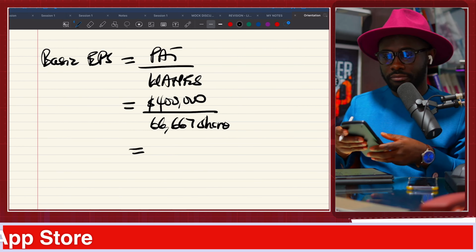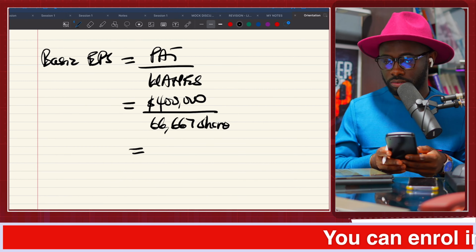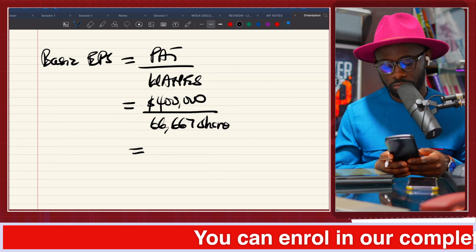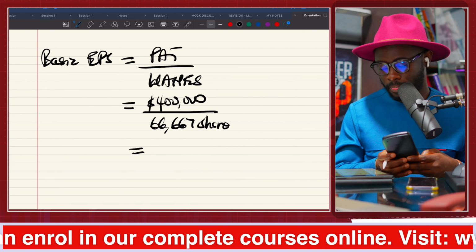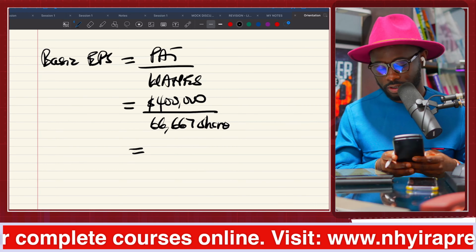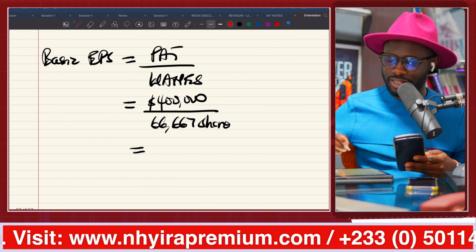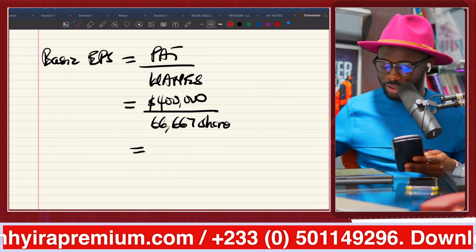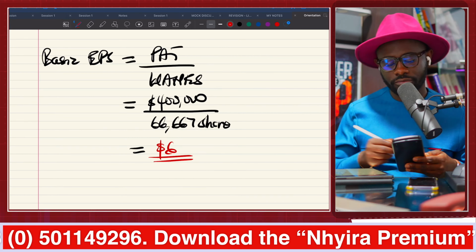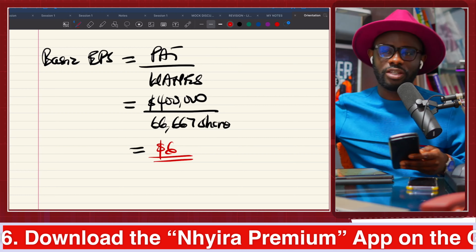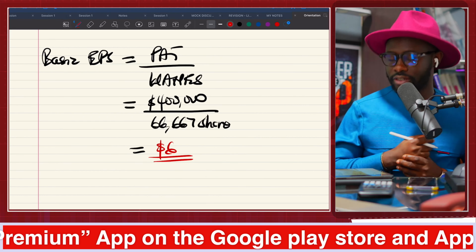Let's see what we got. 400,000 divided by 66,667. So I'm getting 5.9, probably $6. Because it's 5.9997, we can round it up and make it just $6 in that particular case.